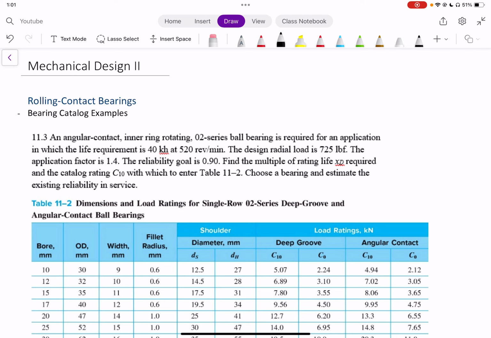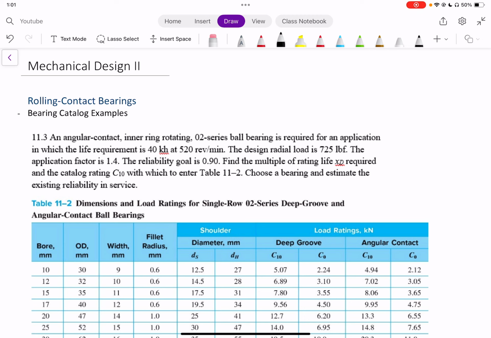We're going to start with the first problem, problem 11.3, that says that an angular contact inner ring rotating 02 series ball bearing is required for an application in which the life requirement is 40 kh, which is kilo hours, at 520 RPM.